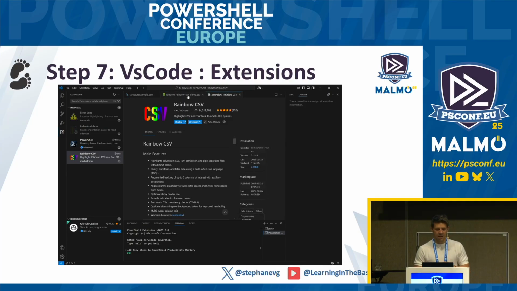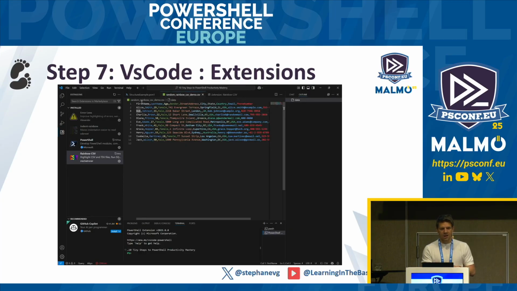Here I'm simply enabling it, and directly, boom, we have these colors. Every header has its own color, so when it's a longer line or element, you can see where it starts and where it ends, which is really helpful. Sometimes you can get confused, and these colors really help.